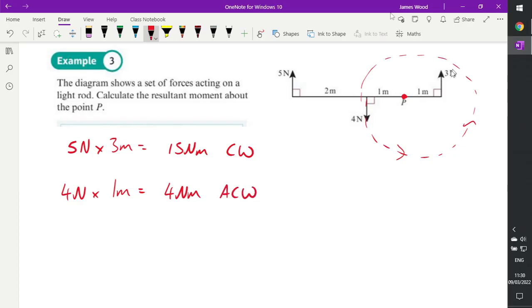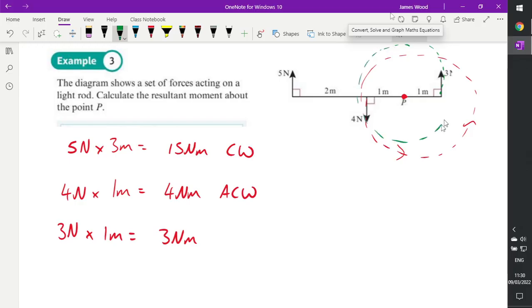And then lastly, I've got the 3 newtons, which again is a distance 1 meter away. So that's 3 Newton meters. Now this one, let's do this in a different color. If this is the pivot and it's here, that's forcing it to turn this way, like that. So that is also anti-clockwise.